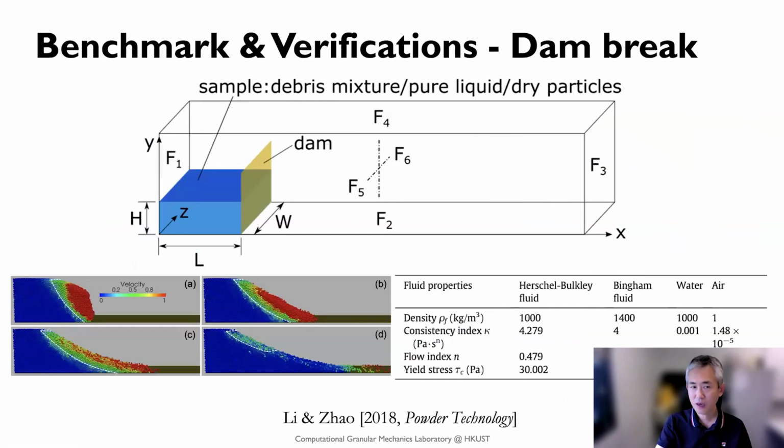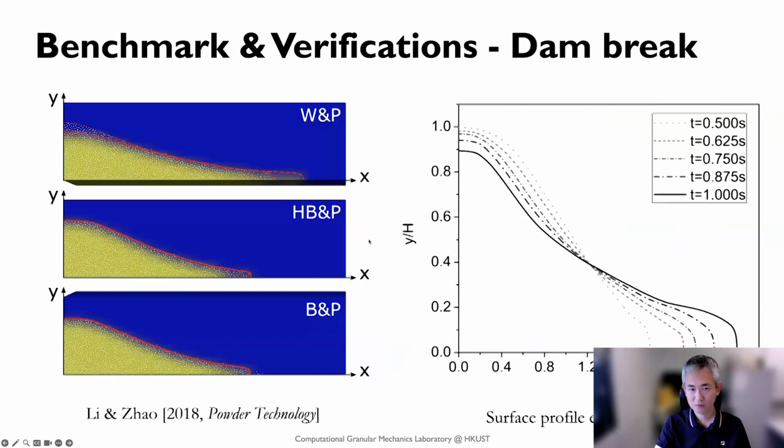We can also verify this in other examples, for example, a dam break. We have a container with a dam, and then we pull out this door and let the material collapse. We can either consider the particle system, or use a pure liquid, and we can also consider a mixture of them, and that served as a benchmark verification.